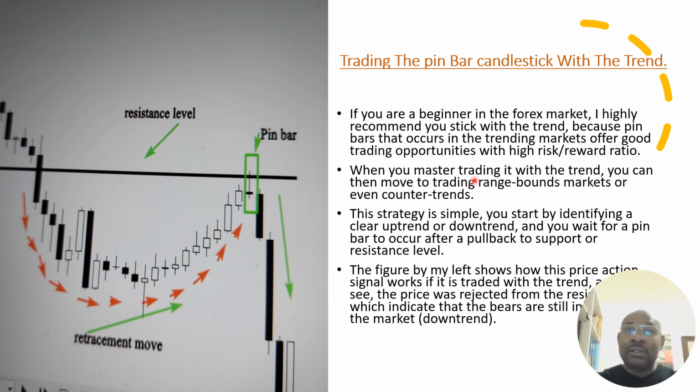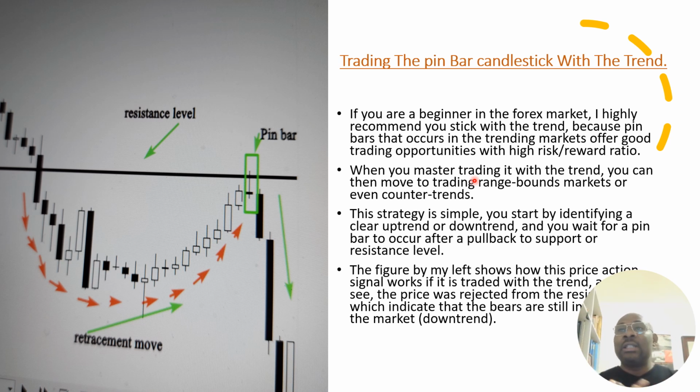If plenty of sellers have already placed their orders, waiting for price action to get to a particular level, as soon as price action gets to that level, those orders will be activated and automatically price action will turn in that direction.